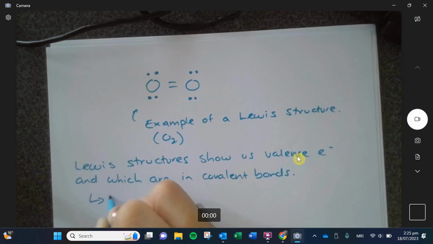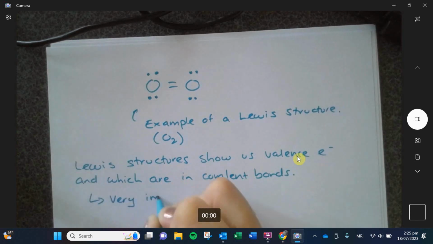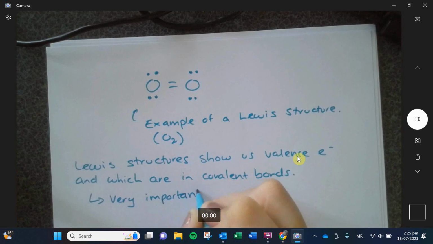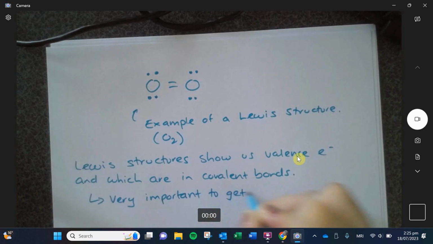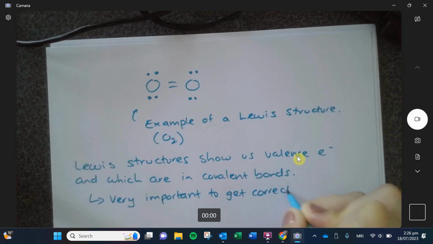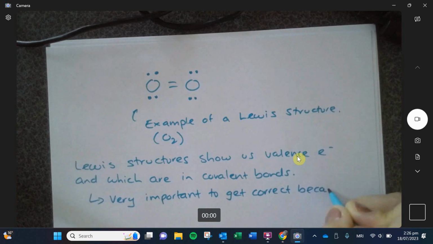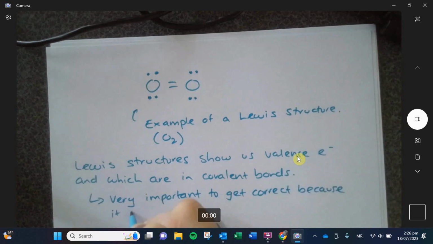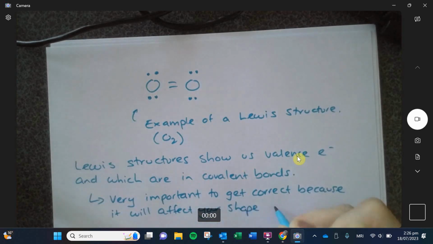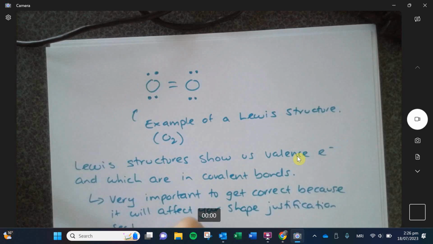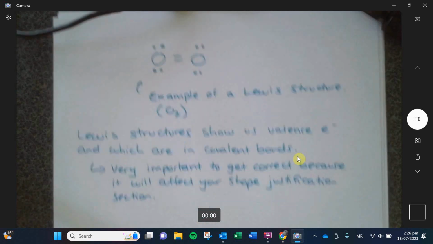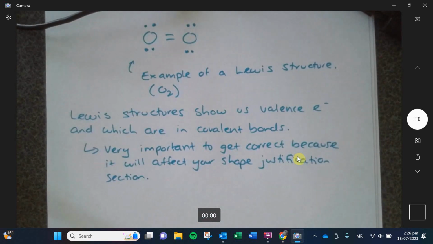Very important to get correct, because it will affect your shape justification.